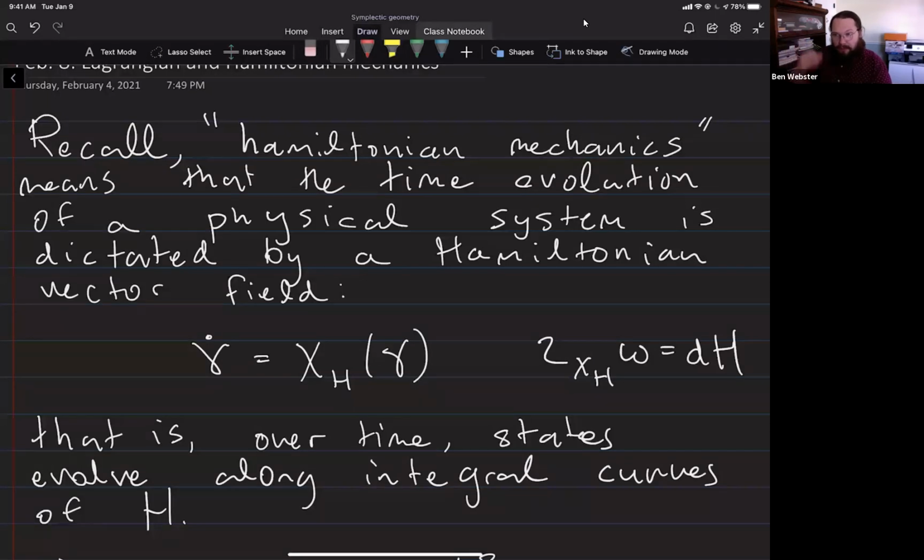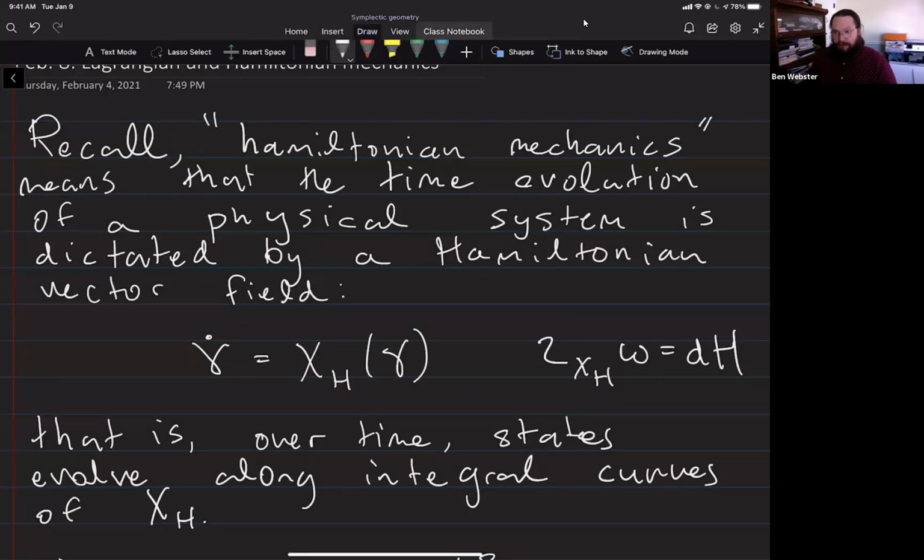So X_H is a vector field we get out of the function h, and it tells us the time evolution of the system. The way states change over time is they move along integral curves of the vector field X_H. And that in words is Hamiltonian mechanics.